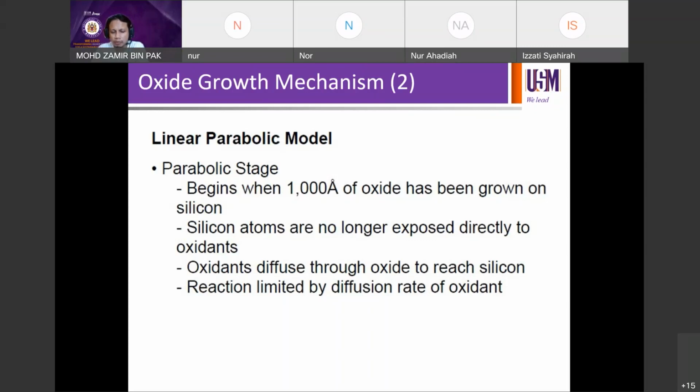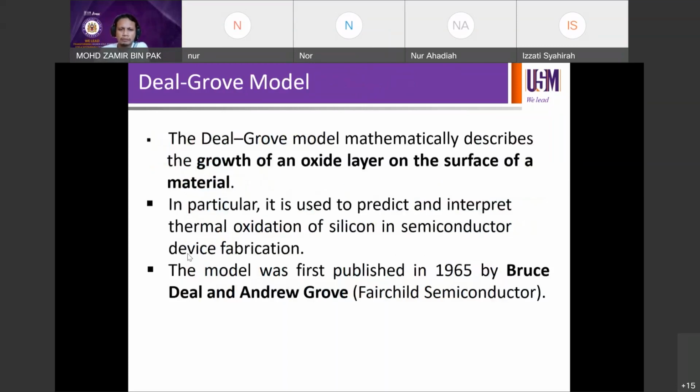So the reaction will be limited by the diffusion rate of the oxidant through the silicon dioxide. Remember the barrier we discussed last week? Through the barrier, which is the existing silicon dioxide on the surface, the oxidants get to the silicon atoms on the other side. So that slows down the reaction.